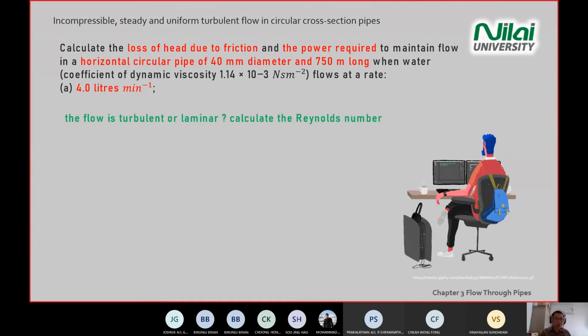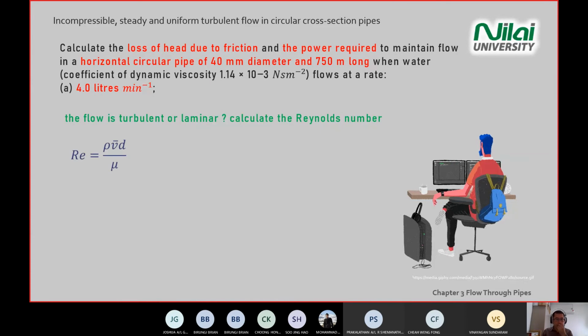So again, call out the Reynolds number. The Reynolds number, we know, is given under the Moody chart. Reynolds number is rho Vd divided by mu. All the values, we assume we're having a standard condition.